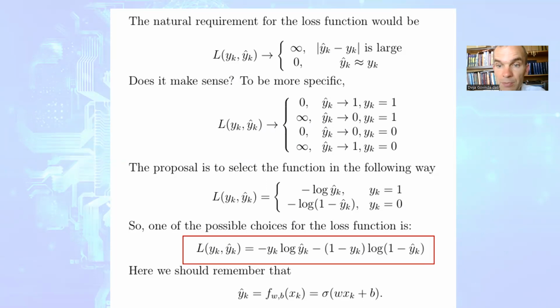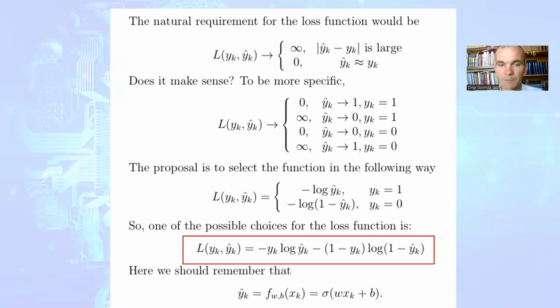On the opposite, if yk is equal to 0 and our prediction y hat k tends to 0, then the loss function must also be approximately 0. And it must tend to infinity when we have the opposite decision. So the loss function must take a large value when our decision is wrong.